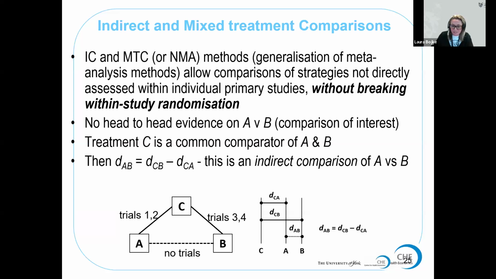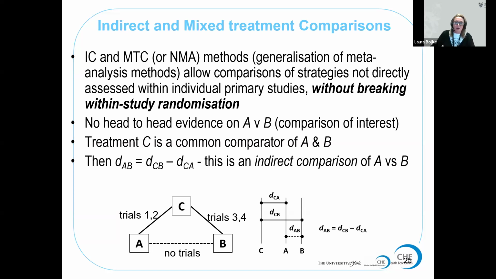We haven't got a direct head-to-head trial, but what we do have are trials where treatment C is a common comparator. So we have A versus C and we have B versus C. No trials, as you can see from the dashed line at the bottom of this diagram, for A versus B, but we've got 2 trials for A versus C and 2 trials for B versus C.